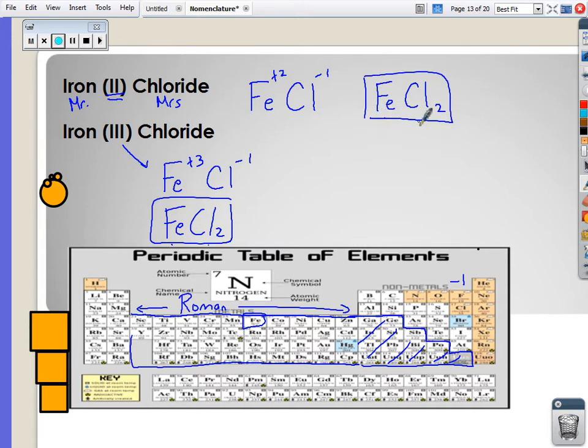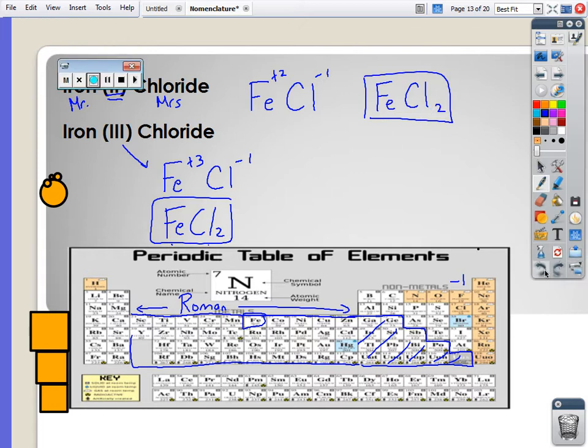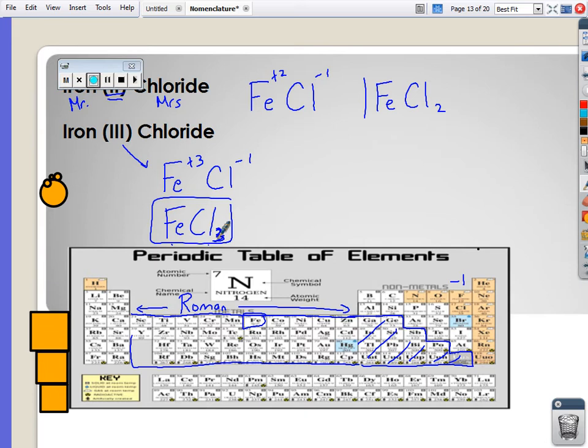Iron chloride. But they're not the same. Oops, I am so sorry. This is a 3 because this is throwing 3. Okay, better?